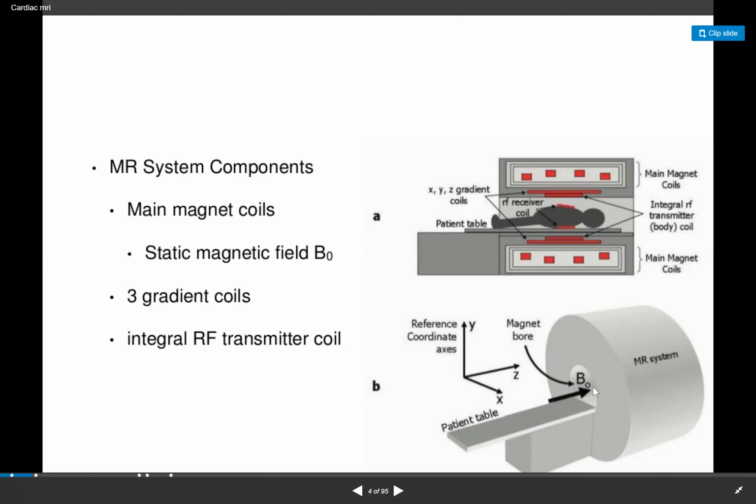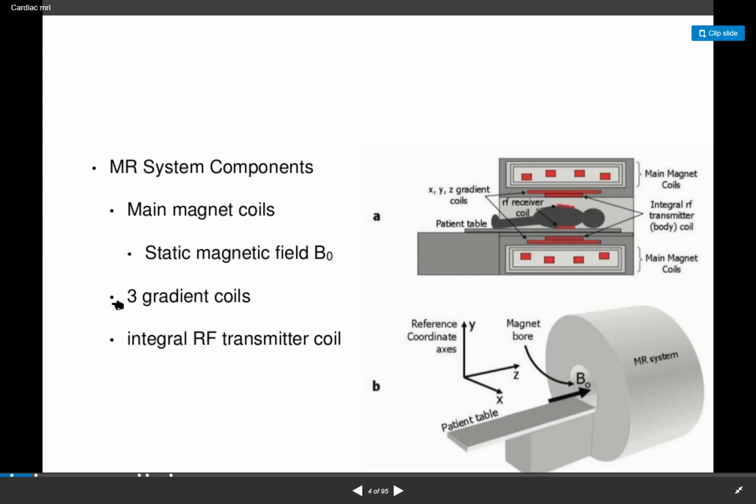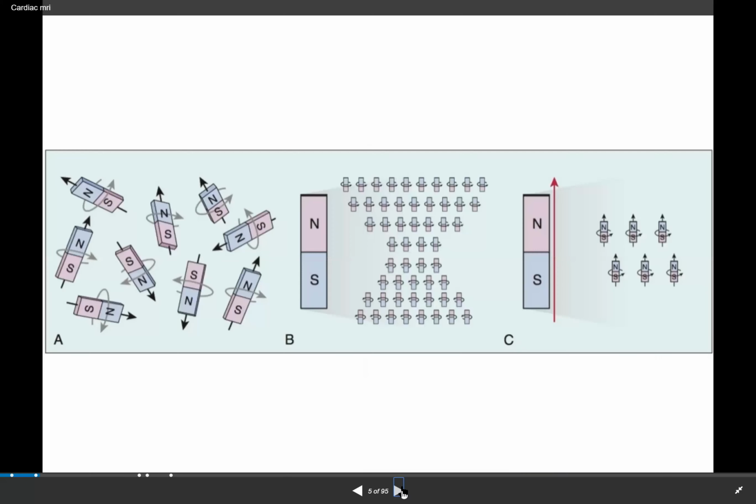When you bring the body out of the magnet, these protons go back to their haphazard motion again, and when they do, they can detect a signal out of it. Now, in real MR today, there are gradient coils, which also give some form of radio frequency signal, which can change the direction of those protons. I'll go over this again in a bit, just to explain this.